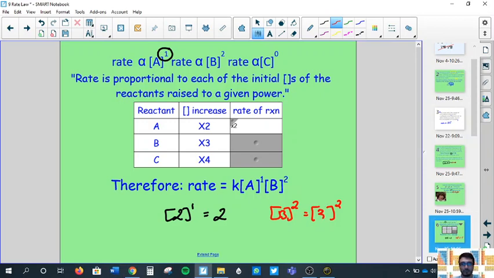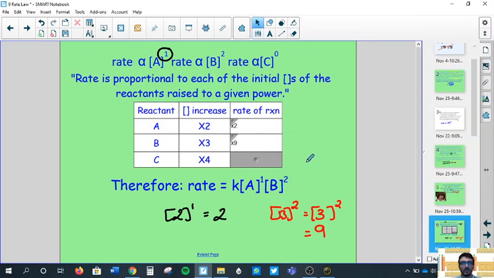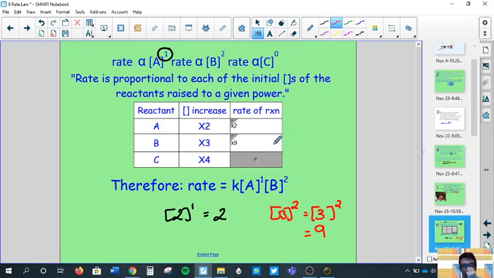So if we triple the concentration of B, knowing that it has an exponent of 2, 3 times 3 is then 9. So the rate of the reaction is going to change by 9. Be careful, it's a common mistake. I'm sure you know not to do this, but it is common to think 3 times 2 is 6, but that would be wrong. Okay, sorry, I'll rephrase that. 3 to the exponent of 2 is 9 because 3 times 3 is 9.